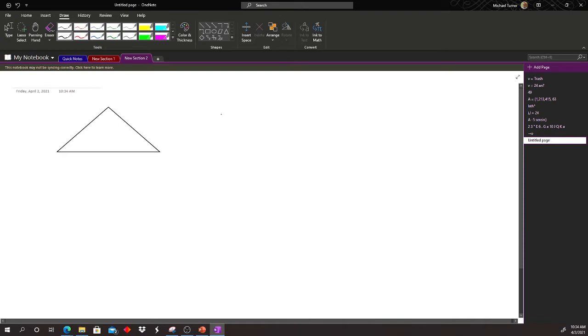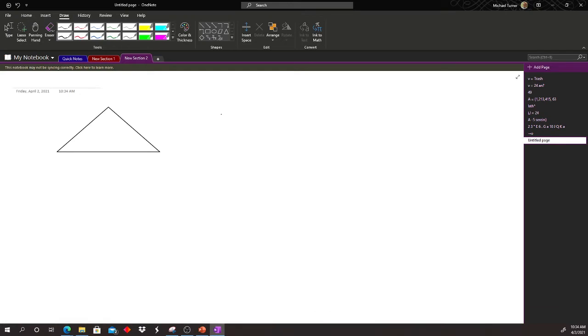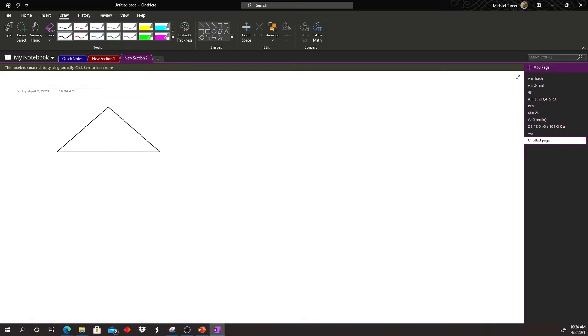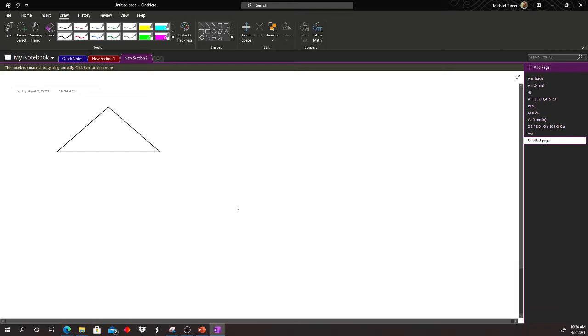We're looking at obviously three sides and three angles, and what is sometimes confusing for students when they're looking at this in, let's say, the textbook is that we use the same letters to represent both the sides and the angles. The difference, though, is that the angles are going to be referred to as capital letters, and the sides are going to be referred to as lowercase letters.